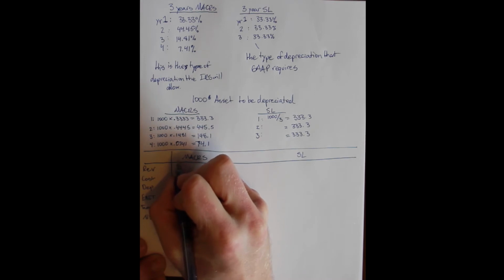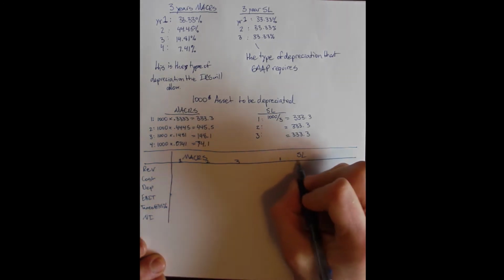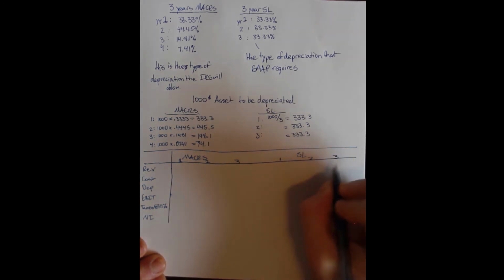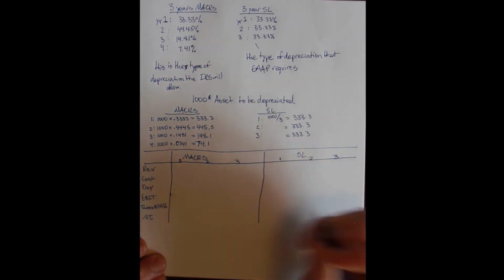Then we'll give ourselves some time here. We'll have 1 year, 2 years, 3 years, 1 year, 2 years, 3 years. And we'll separate our income statements here.